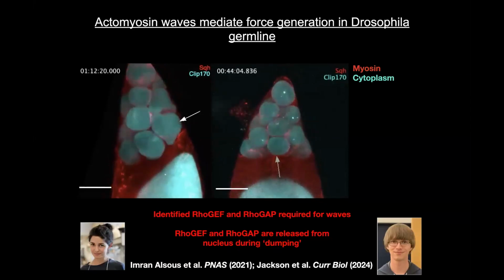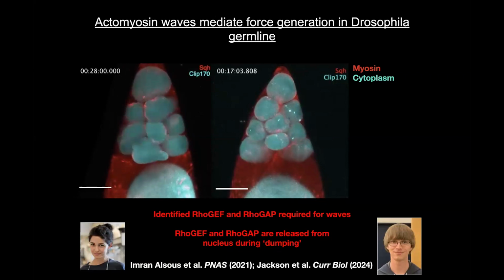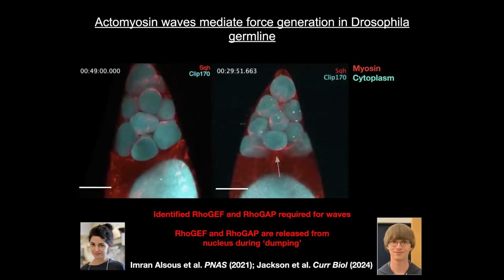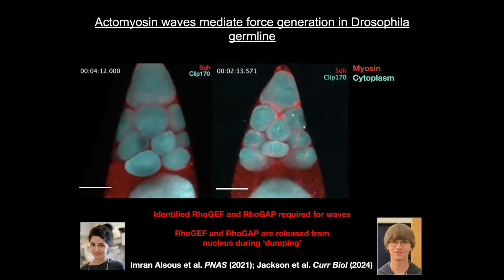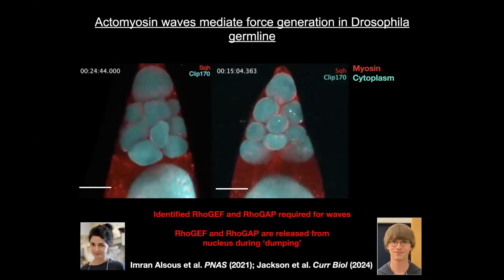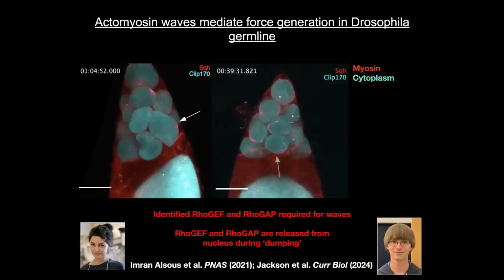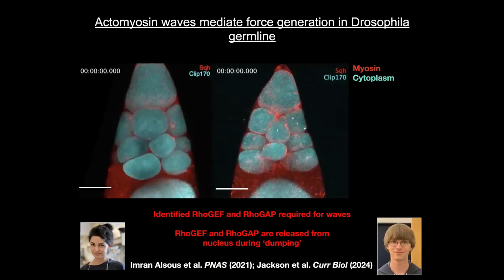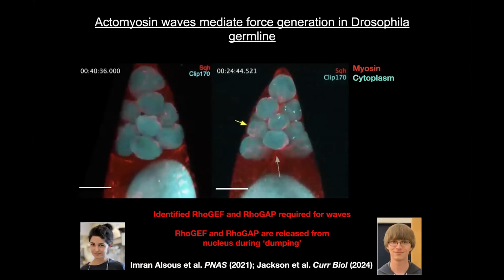Do you see the directionality of this flow? There is directionality. Yeah, and that is what we studied in this paper. I'm not getting into it, but the directionality is predicted by the radius of curvature of the nurse cells compared to the egg cell.